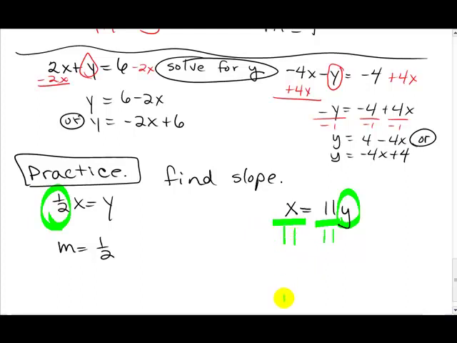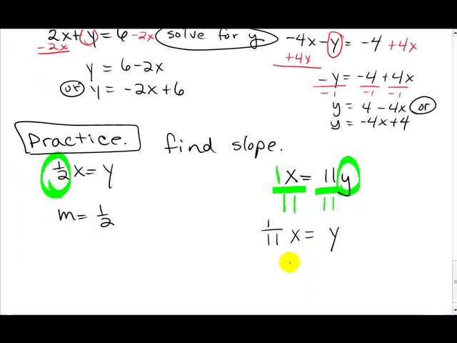Well, remember the number in front of x is 1. Because when I rewrite this, I want to pull that fraction to the front because that's my slope. M equals 1/11.